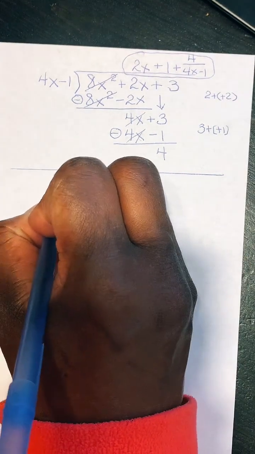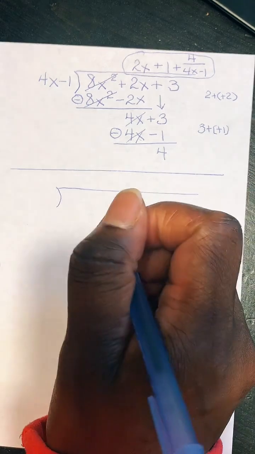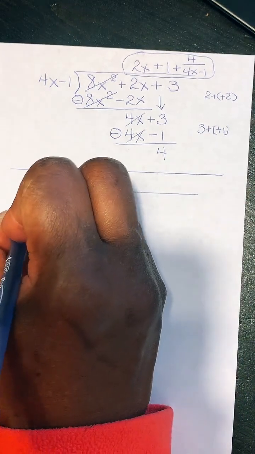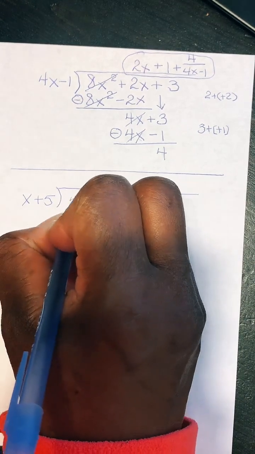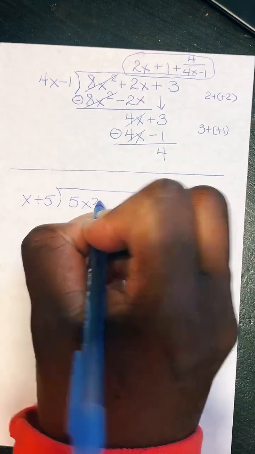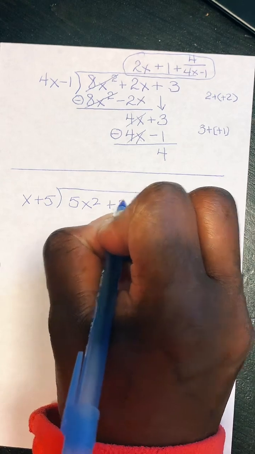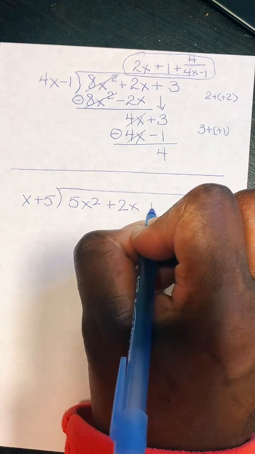So I'm going to give you that choice. I have my x plus 5 as my divisor. I have my 5x squared plus 2x plus 3.